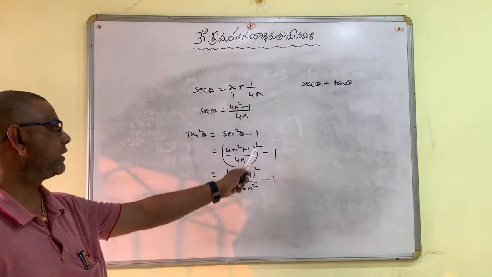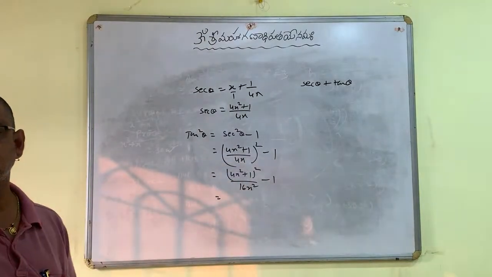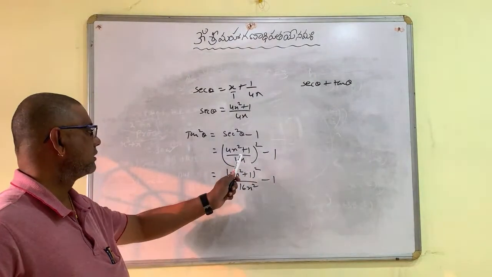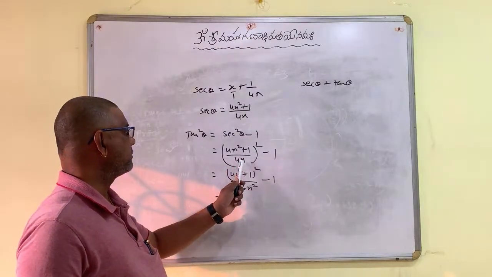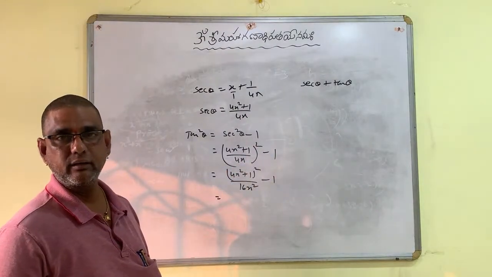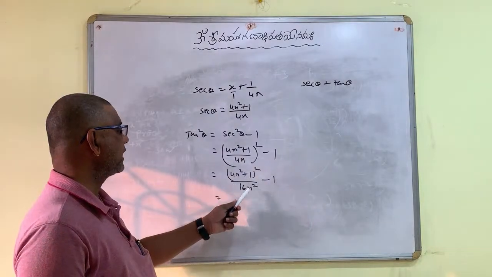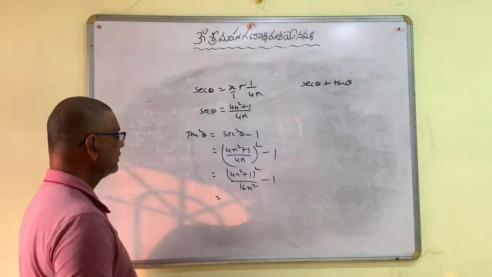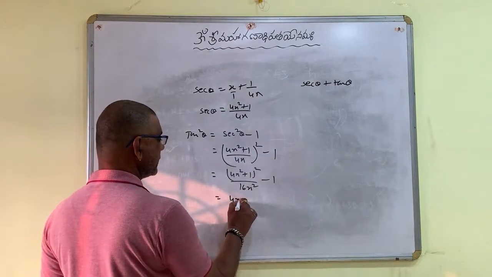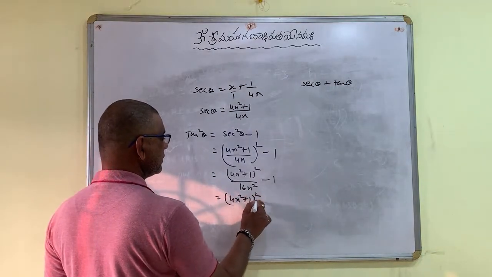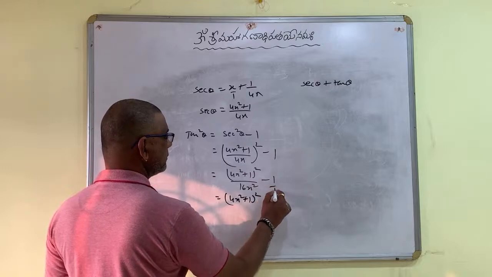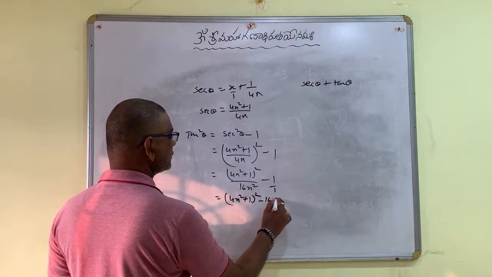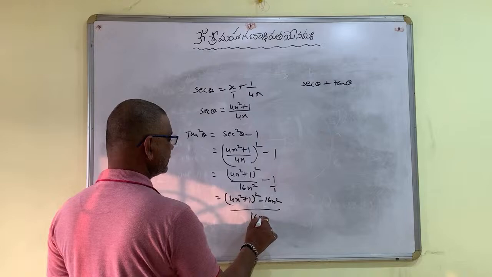A by b whole square is equal to a square by b square, and 4x whole square is 16x square. Taking LCM, minus 16x square by 16x square.